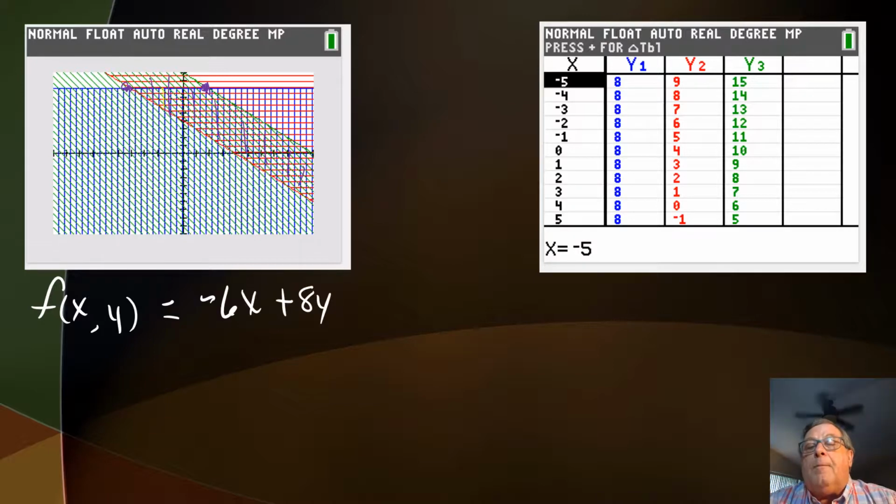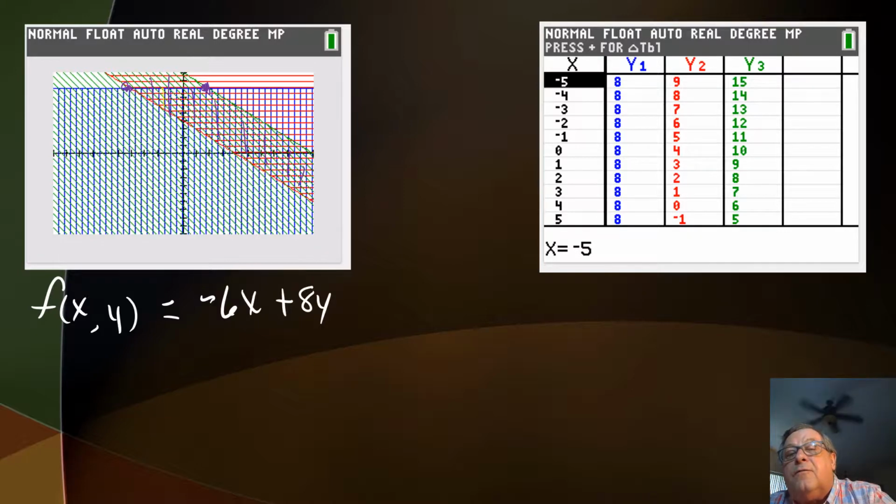Now, I put up the table here because sometimes it's hard to see. It gets messy on the calculator when you've got all these regions being colored in. What I'm looking for is where there is a value of x at which two of these functions actually have the same value of y.